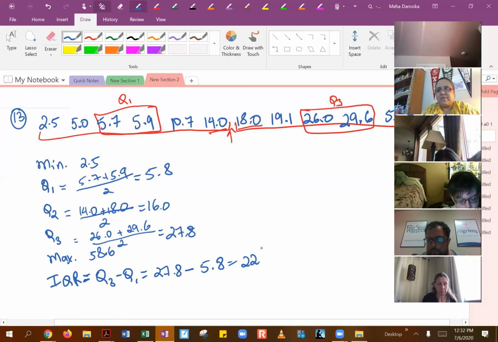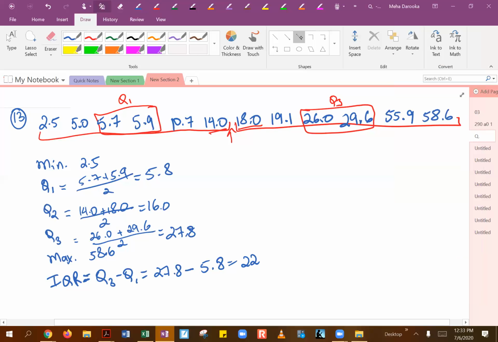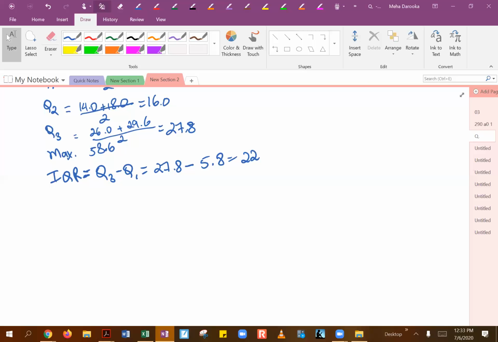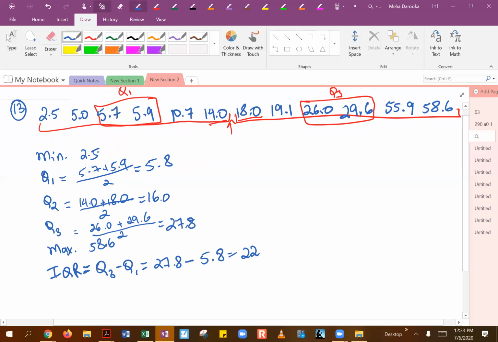Okay, so we have our 5-number summary. We have our interquartile range. So now we're ready to graph our box plot over here. So of course we start with our horizontal axis. All right, so let's do that. Over here, and then we need to go from the smallest value of 2.5 to the largest value of 58.6, and of course we're looking at 5.8, 16, 27.8 as the numbers in between.